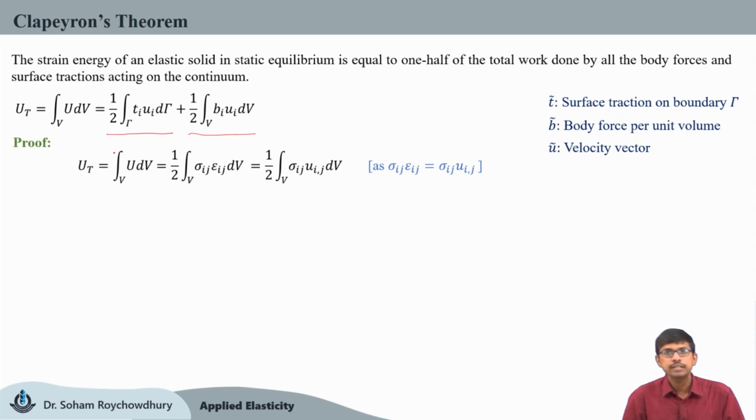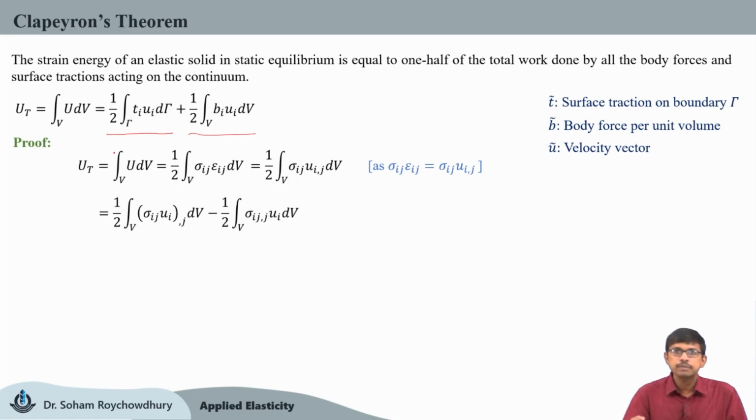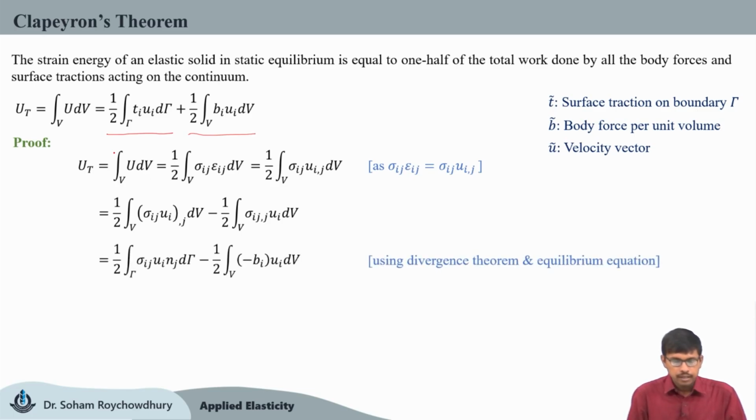Replacing that within the integrand and then writing sigma ij ui comma j as sigma ij ui, entire thing comma j, minus sigma ij comma j times ui, same as the previous proof of the uniqueness theorem. And then invoking the equations of equilibrium, the second integral term would become like this, because using the equilibrium equation we know that sigma ij comma j plus bi is equal to 0.